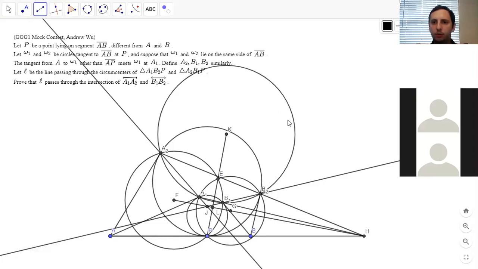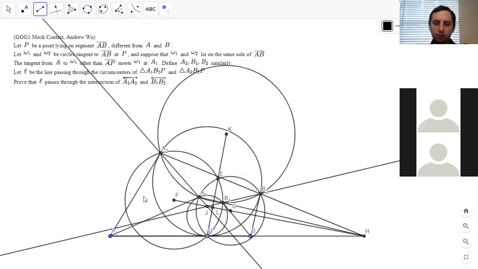Or what you were saying, A2J, LB2. Oh, once they're collinear, okay. But we don't know that KA2 is tangent to this circle.